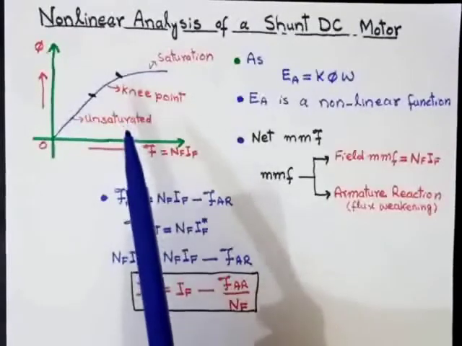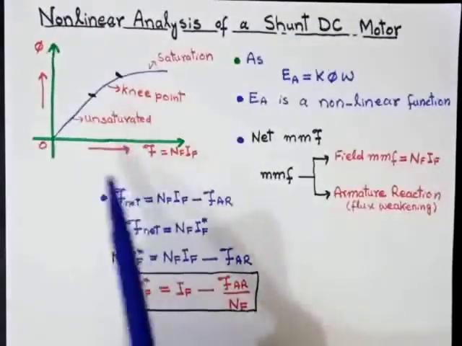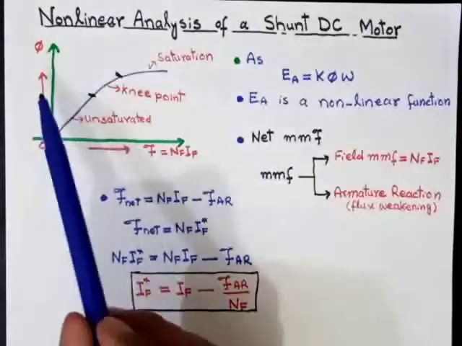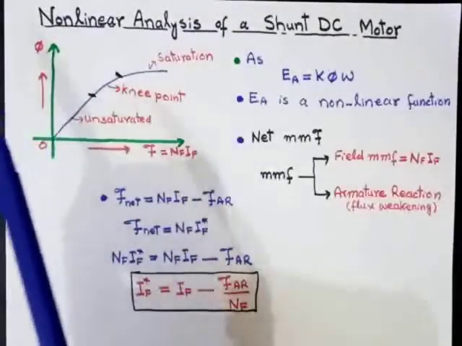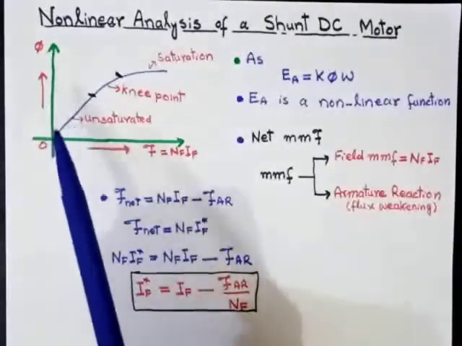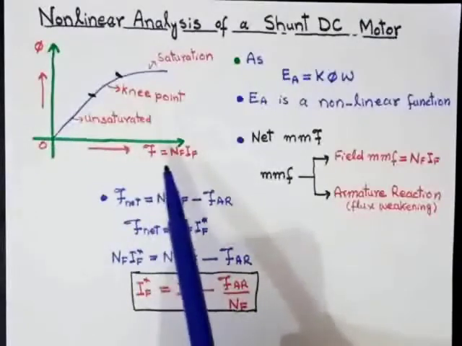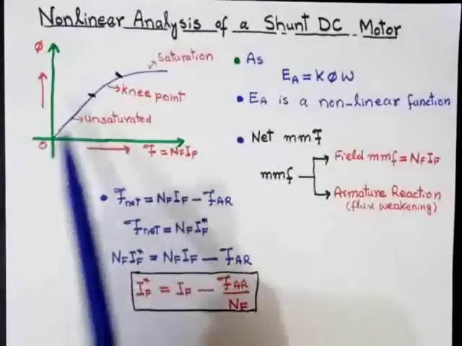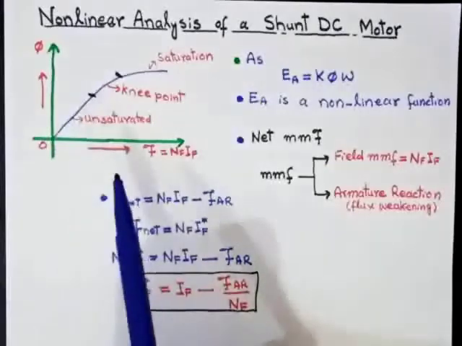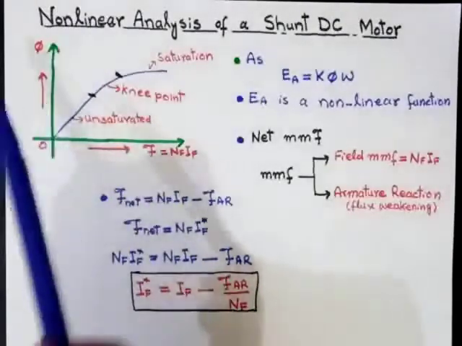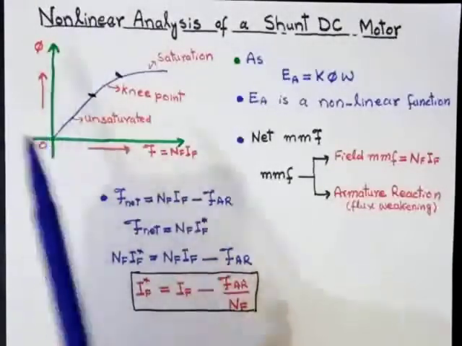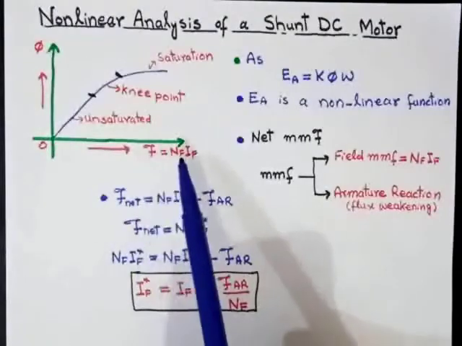Nonlinear means when we increase the magnetomotive force, the flux does not increase in the same proportion. In the linear case, when we increase the magnetomotive force, the flux increases in the same proportion.